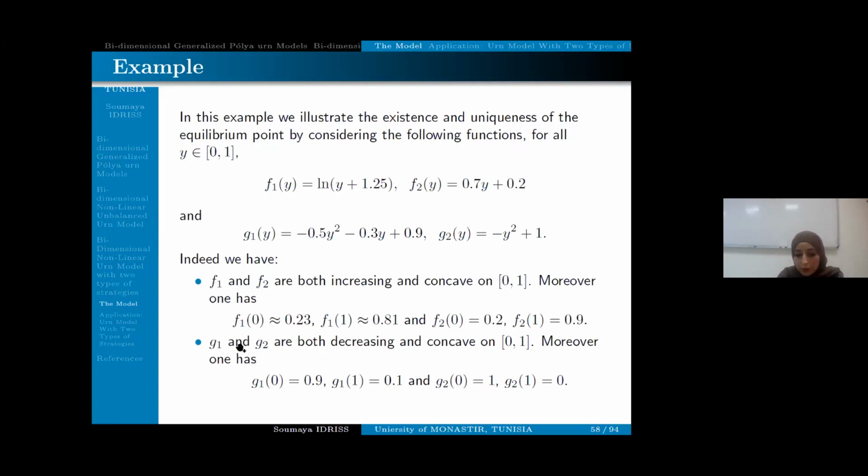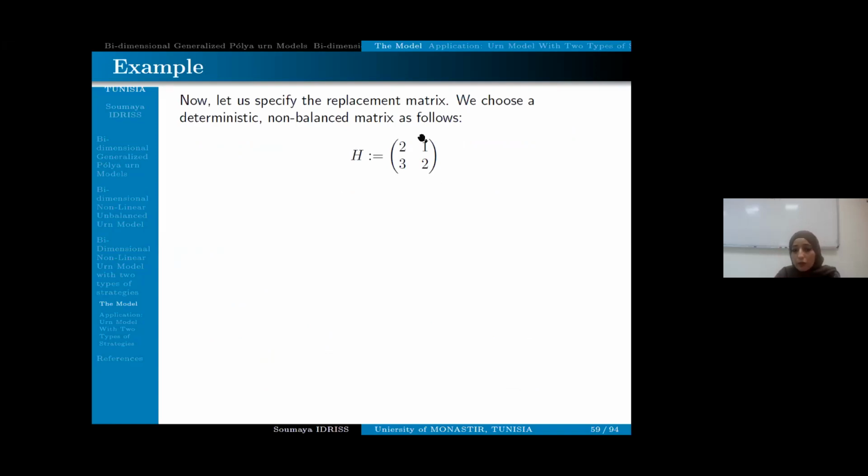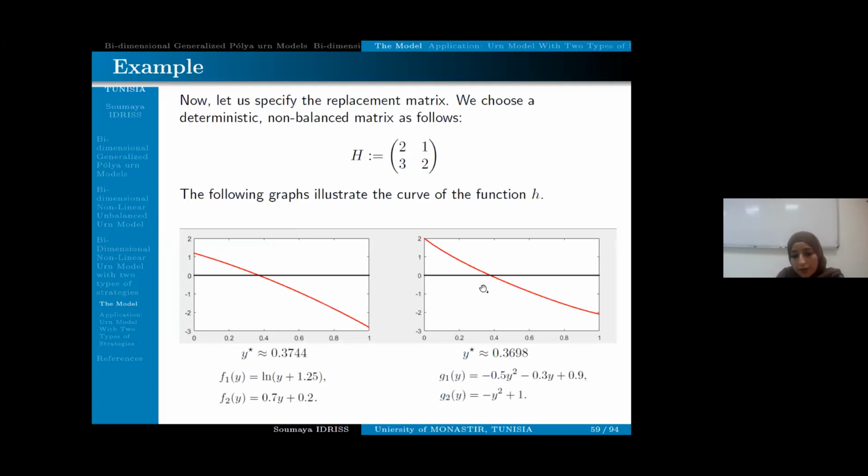Same thing for the functions g1 and g2, which are both decreasing and concave, and they satisfy the boundary conditions. Using this non-balanced matrix, these graphs illustrate the fact that H still has a unique zero in either case.